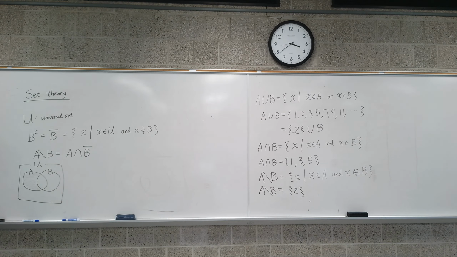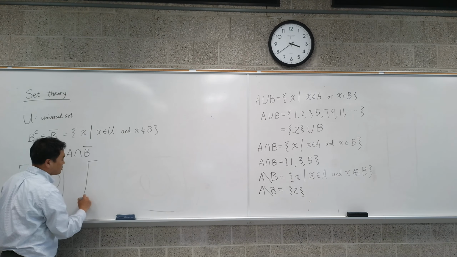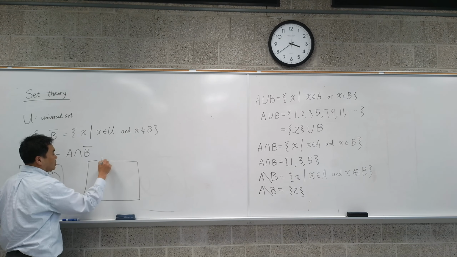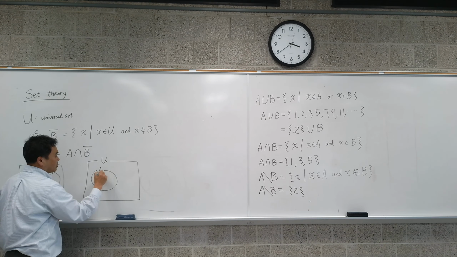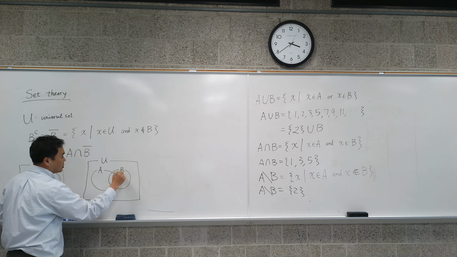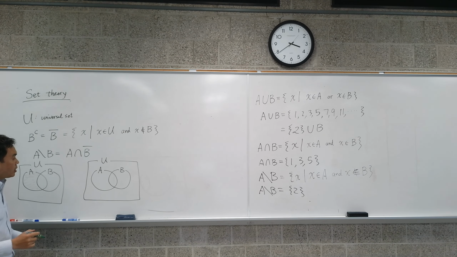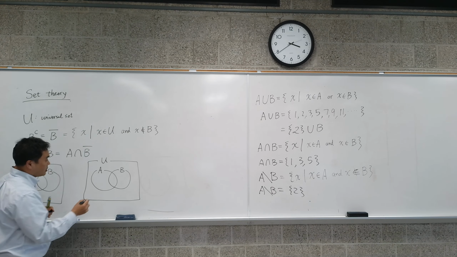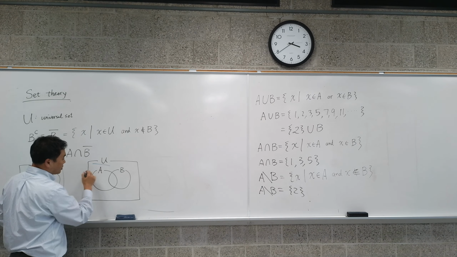These are the elements that are in A but not in B. But then over here, the elements that are not in B are here.